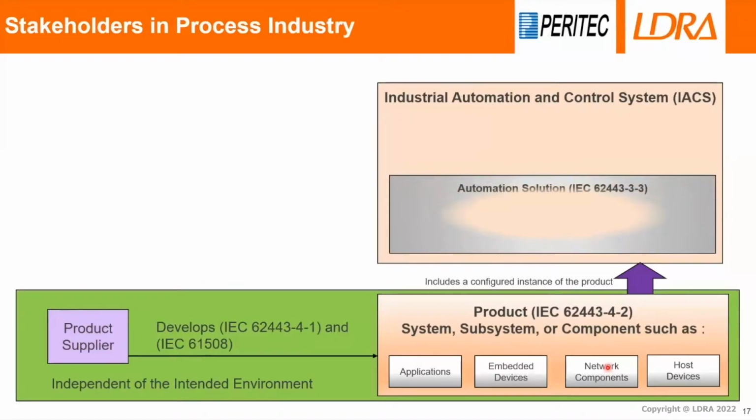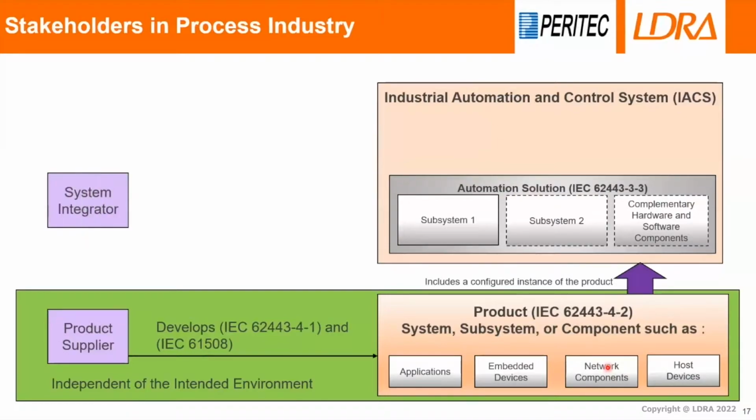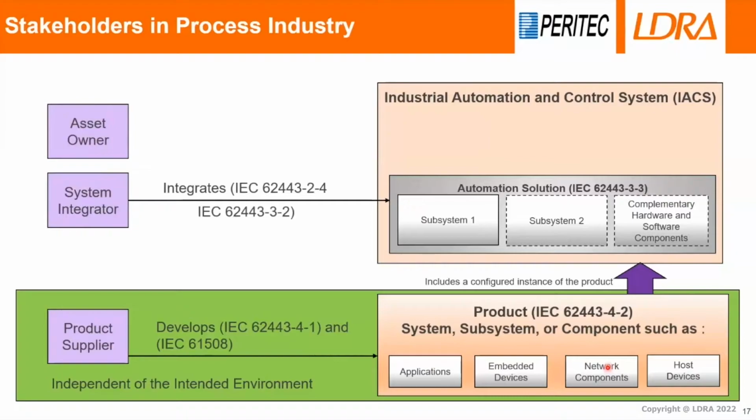So IACS systems will be using these endpoint devices or these controllers, and an automation solution will be implemented. So you can see that the automation solution may consist of multiple subsystems and one of the components which is supplied by the product supplier. And there is a system integrator. The system integrator's role is basically to ensure that all these subsystems are integrated and the final process solution is available to the asset owner.